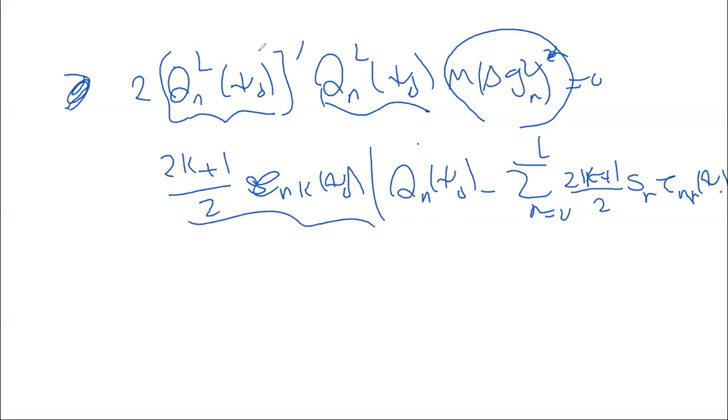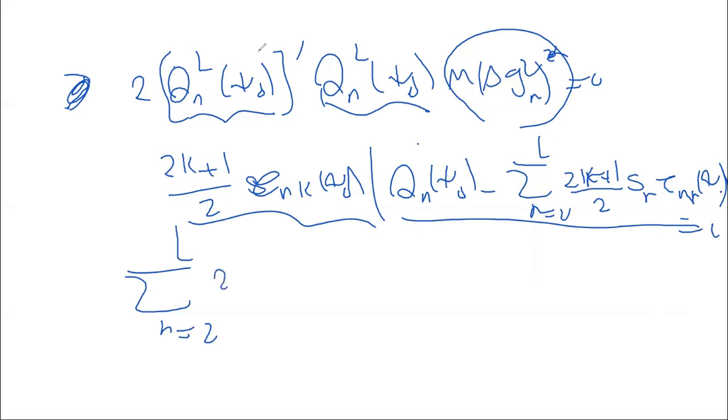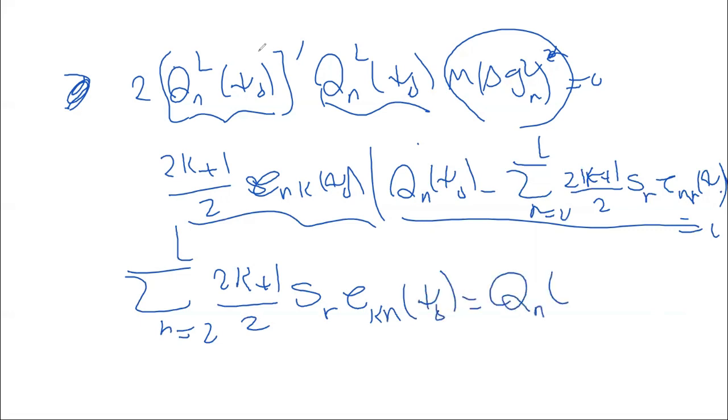So this term has no effect because it's 0. Therefore, this term should be 0. Therefore, I get a system of equations to solve: the sum of 2r plus 1 over 2 Sr Ekn psi 0 equals to Qkn.